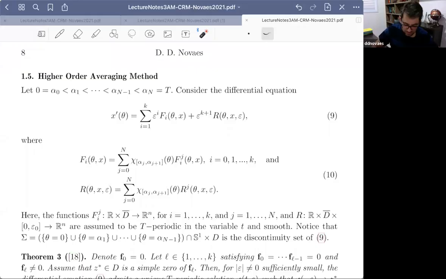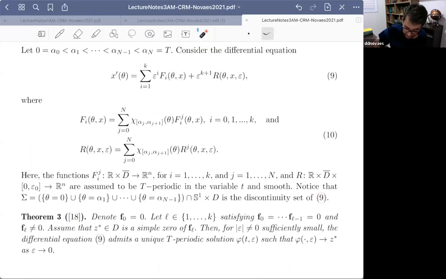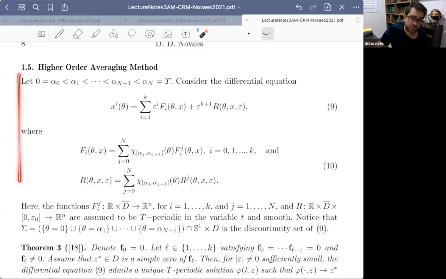Okay, so just to comment, the high order averaging method, as we have stated for the functions that we have already defined, works in the non-smooth context as long as the discontinuity only happens in the time variable.